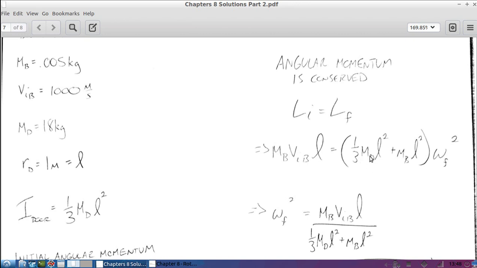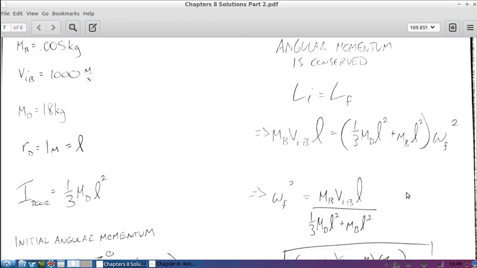This right here is the moment of inertia for the entire system. This is the moment of inertia for the door. This is the moment of inertia for the bullet. Point particle, solid beam, we just add them together.